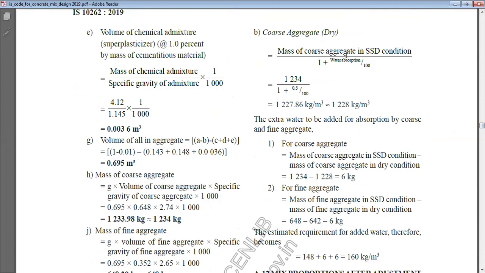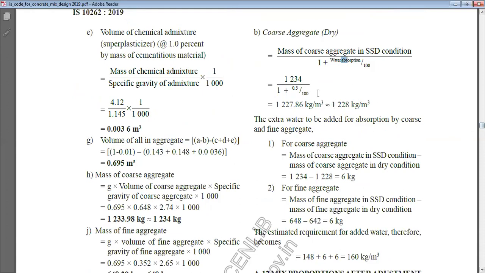Similarly you take the coarse aggregate. Mass of the coarse aggregate in SSD condition divided by 1 plus the percentage of water absorbed. It's 1234 divided by 1.005. It becomes 1228 kg per meter cube. This is the dry condition to add, and that was the saturated condition.